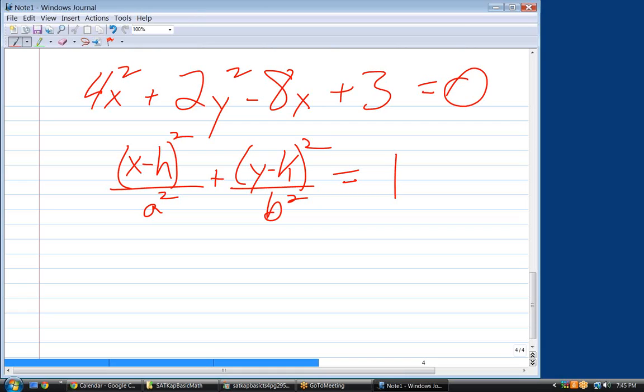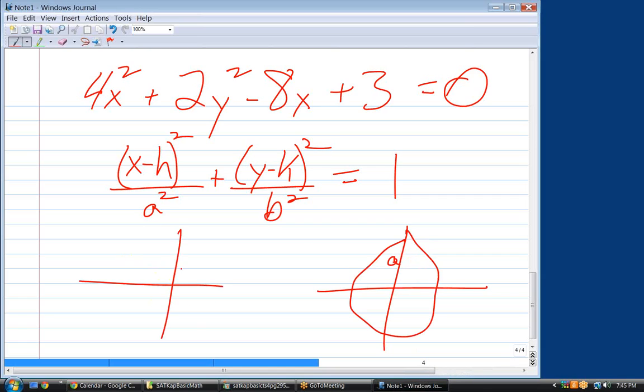In other words, the a always is the major transverse axis. In other words, if I have an ellipse like this, this is a. If I have an ellipse like this, this is a. And the other short one is b. Okay?